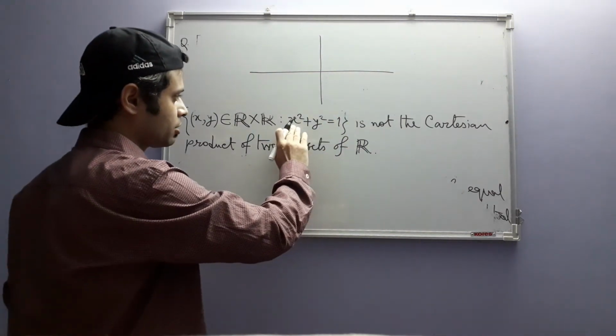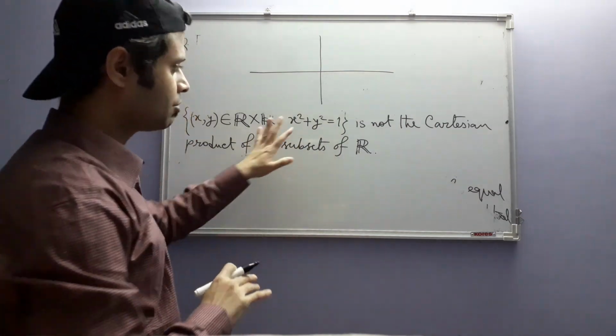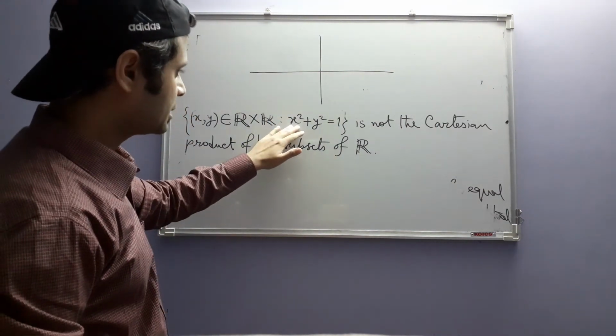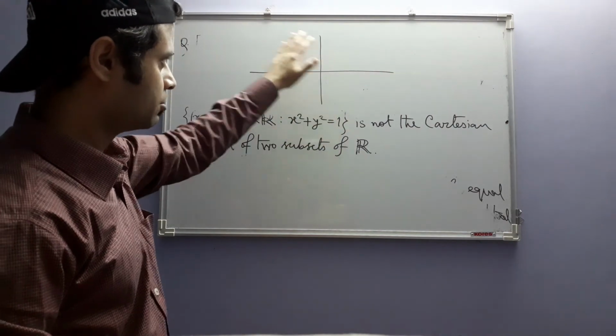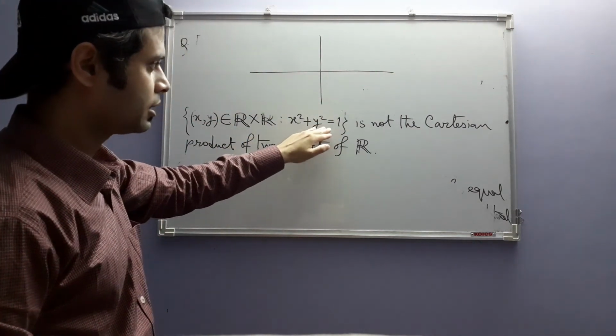If someone draws the graph of this, although technically speaking it will not be a graph, nevertheless the points satisfying this equation can be drawn.